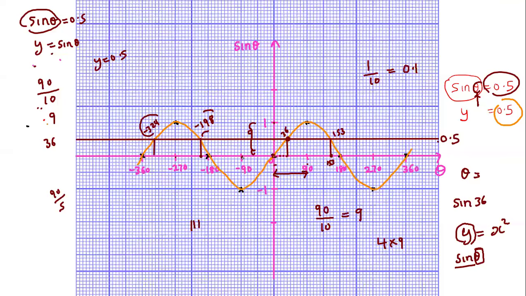I thought we were supposed to be getting 0.5. Okay, this is 10, this is 20, right? 21, 22. So when you get 22 times 9, what do you get? 198, yes.